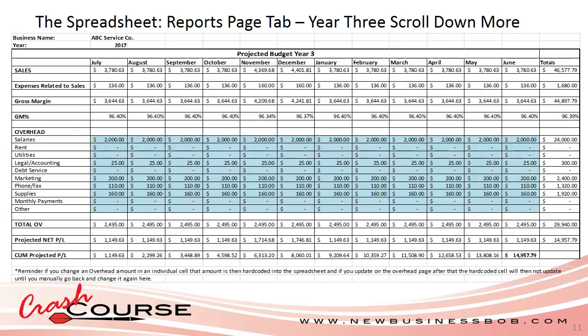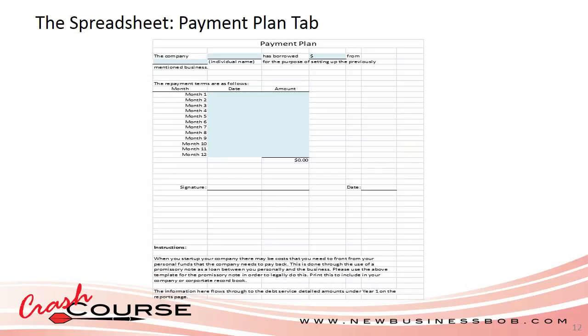This can inform your decisions on how you're going to spend money, how you're going to try to make money, which items of service are actually going to get you a better return on your money and on your efforts, and all of that kind of thing. So this is the meat of the tab, of everything that you've put into it and getting all of that information out of it. So let's take a look at our final tab, the payment plan tab.